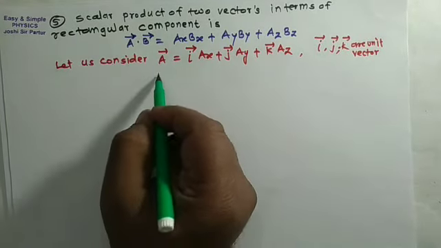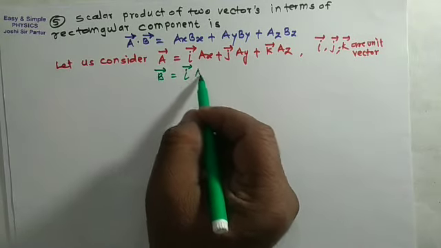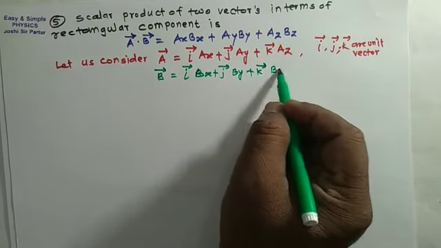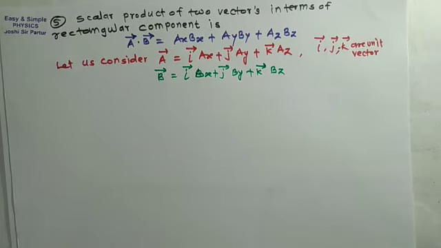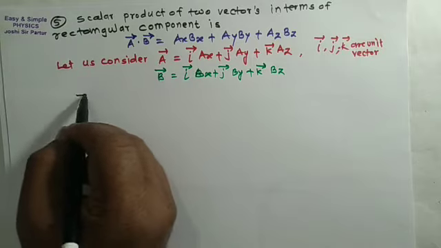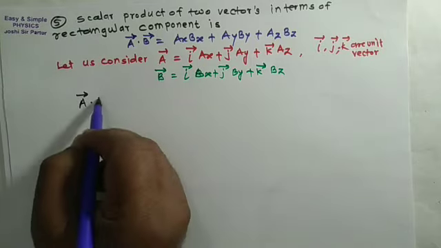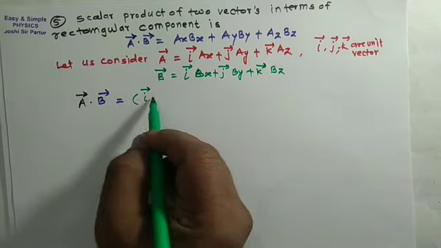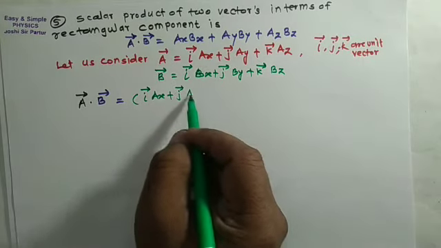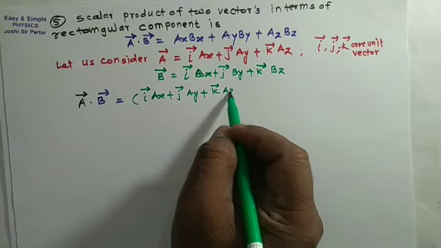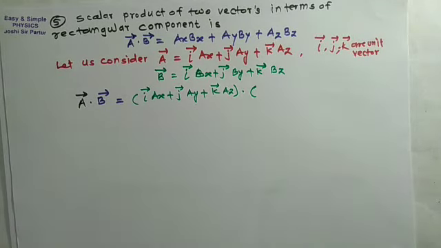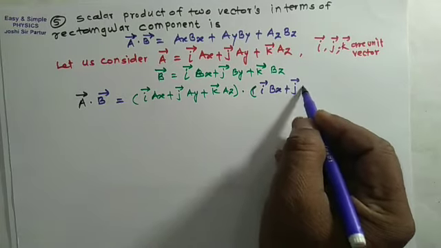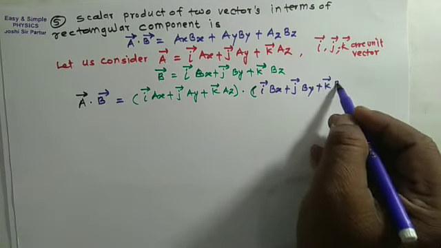Similarly, vector B will be vector i Bx plus vector j By plus vector k Bz. So if we take their scalar product, vector A dot vector B will be written as in bracket vector i Ax plus vector j Ay plus vector k Az dot, in another bracket, vector i Bx plus vector j By plus vector k Bz.